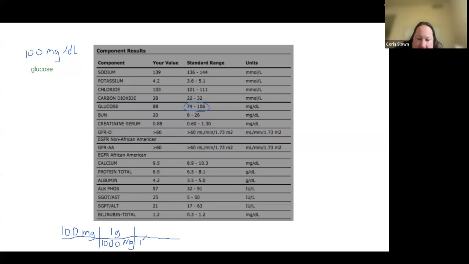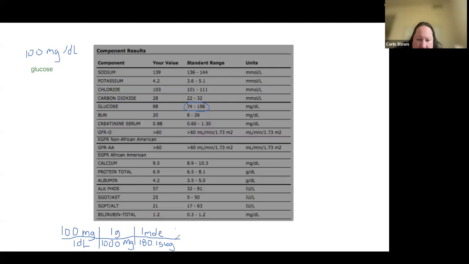So in this case, the molar mass of glucose is 180.156, and that's grams per 1 mole. Now, this is an important distinction. This is 100 milligrams per deciliter, so that's per 1 dL.